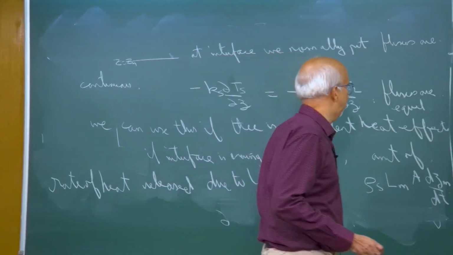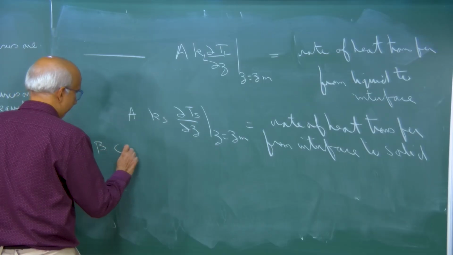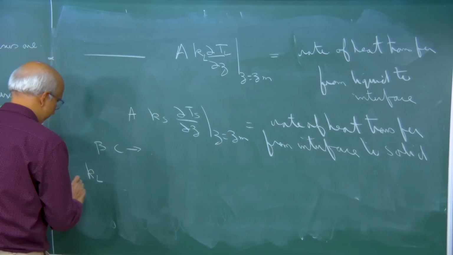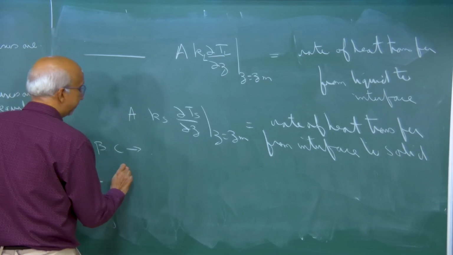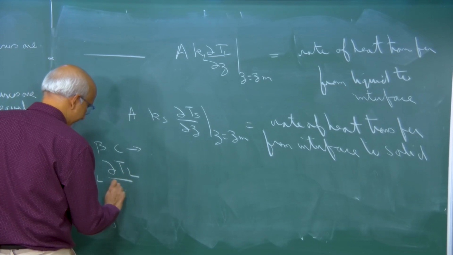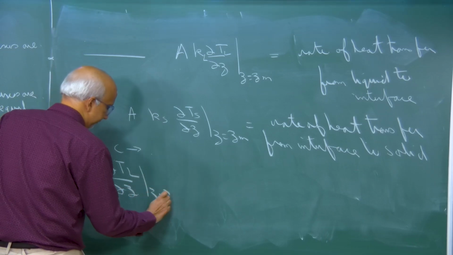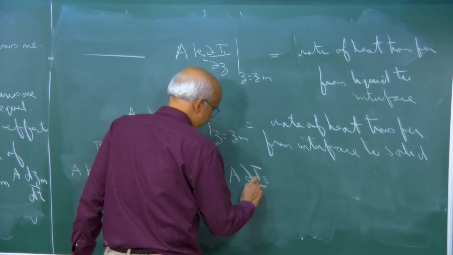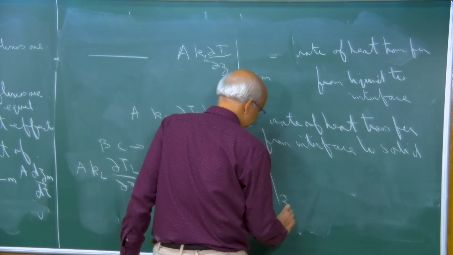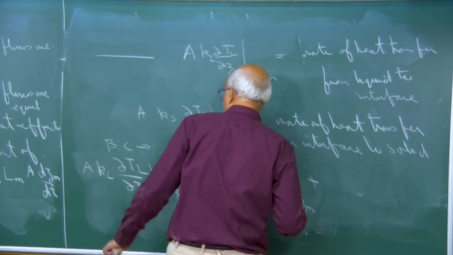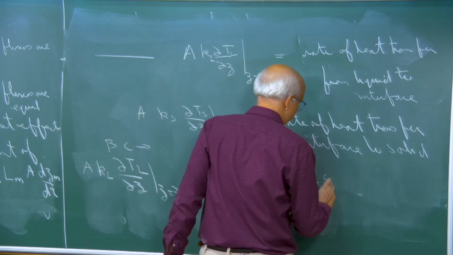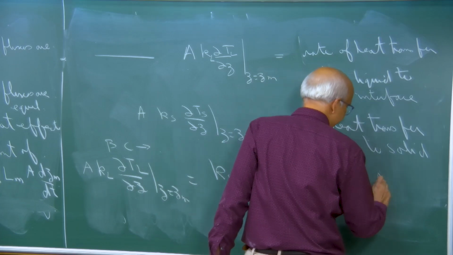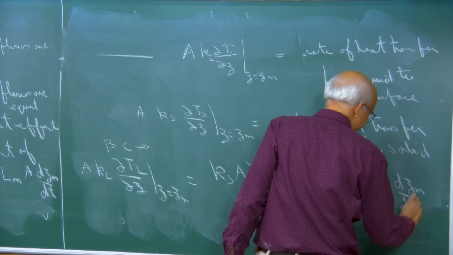So, therefore, the boundary condition I have is A times KL times dTl by dz at z equal to Zm equals Ks times A times dTs by dz at z equal to Zm plus that thing here, rho s Lm, where Lm is latent heat, times A times dZm by dt, okay.